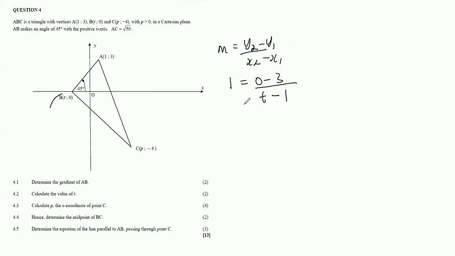Then at this point, we know that 1 is the same as 1 over 1, so we can just cross multiply. This will be t minus 1, and then 0 minus 3, that's negative 3. 1 cross multiplied with negative 3, that's negative 3. Then t equals negative 3 plus 1, from transposing this negative 1 over to the right hand side, so your t is just equal to negative 2.